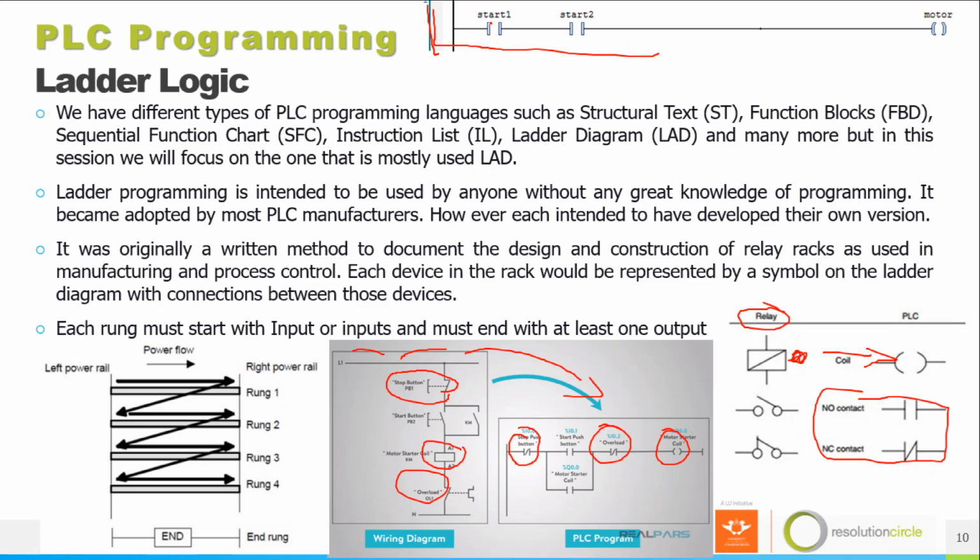When you press start and you also press your start 2, let's say your start 2 is your stop, and your stop button is normally closed, then your motor will run. The moment you release your start, your motor will stop.